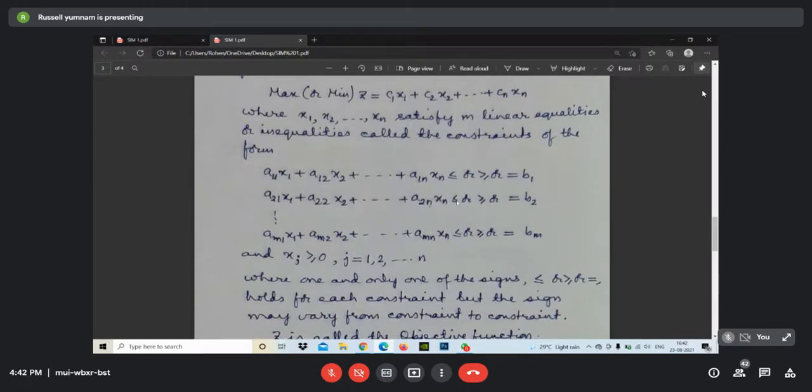Subtraction means deduction of a positive number, so a positive number is subtracted, and that variable is called a surplus variable. One is the slack variable, which is added. Another is the surplus variable, which is subtracted. Both slack as well as surplus are positive.